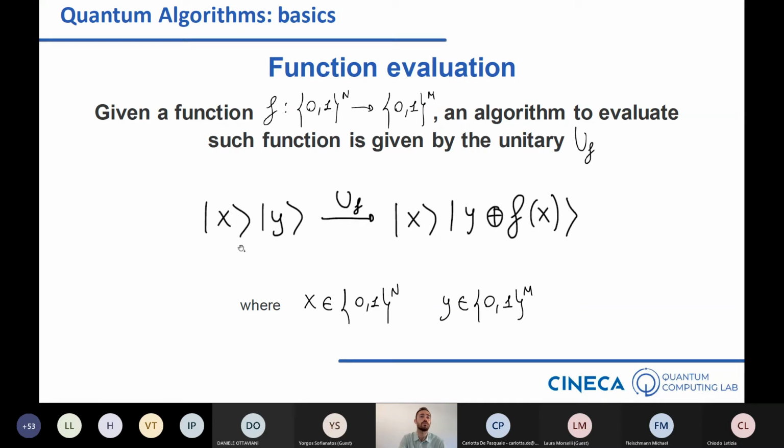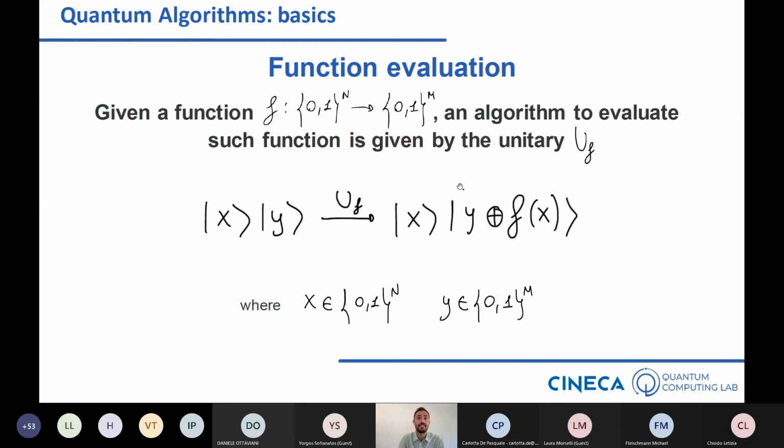If you just try to write a function that always gives you 1 independently of the input x, okay, try to do it yourself.